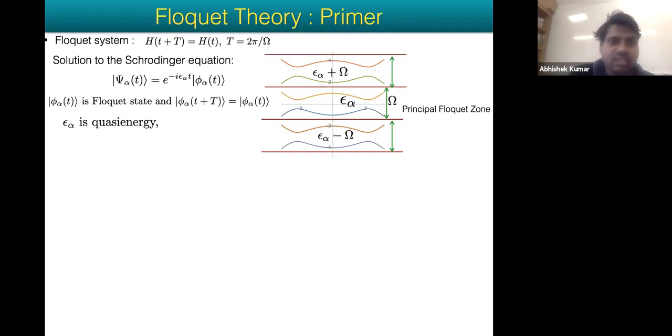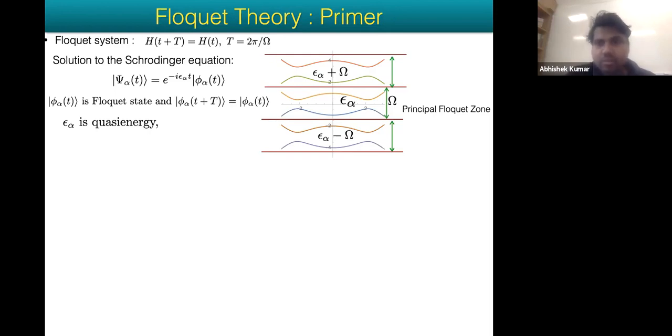The phase factor contains the quasi-energy, which is only defined modulo omega. If you plot the quasi-energies with respect to some parameter, you will see that the quasi-energies repeat after omega on the energy axis.